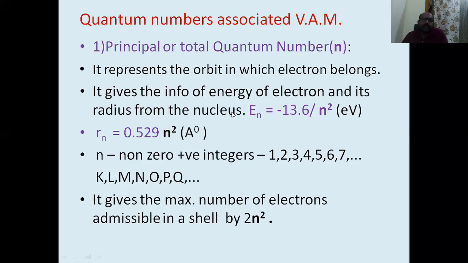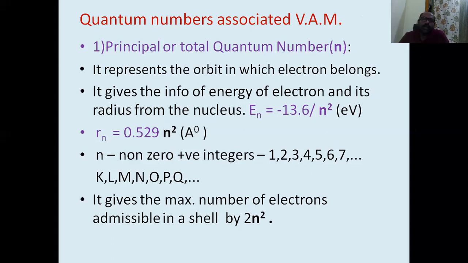So principal quantum number or total quantum number is represented with a small n. Generally this quantum number represents the orbit, the number of the orbit in which the electron stays.